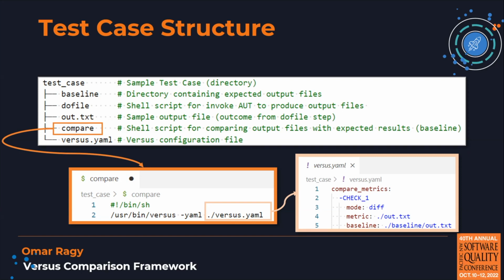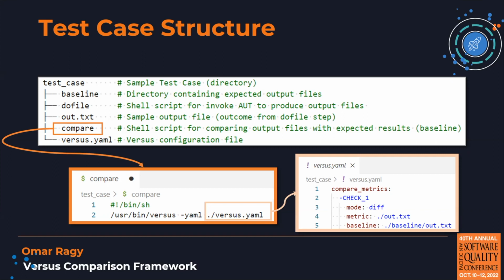The do file is the shell script that invokes the application under test to produce the output files. This is a sample output. Here it's a simple text file called out.txt, and it is the outcome from the do file step. And we have a compare script, a shell script comparing the output files versus the expected results.